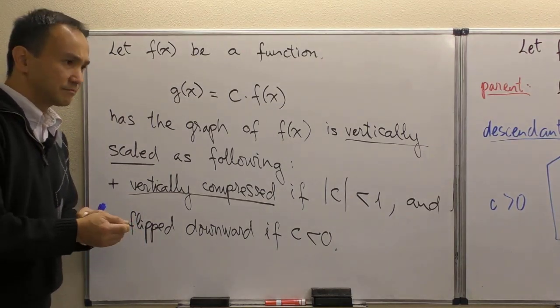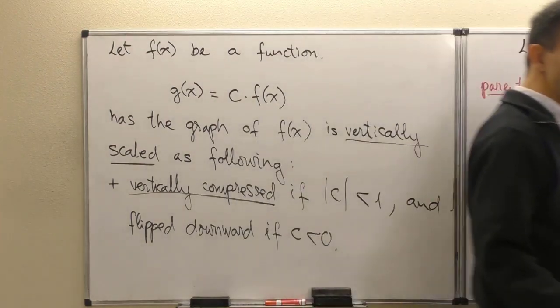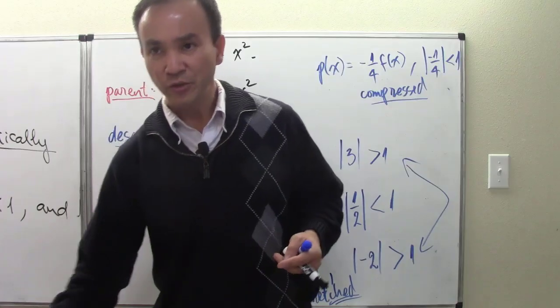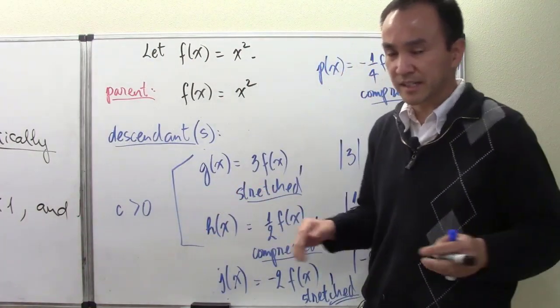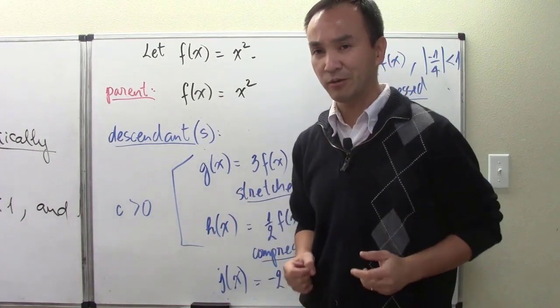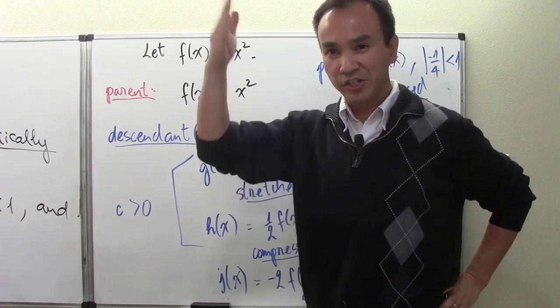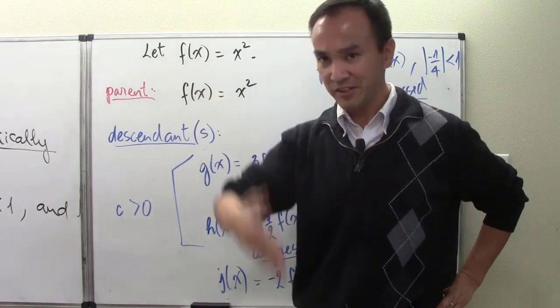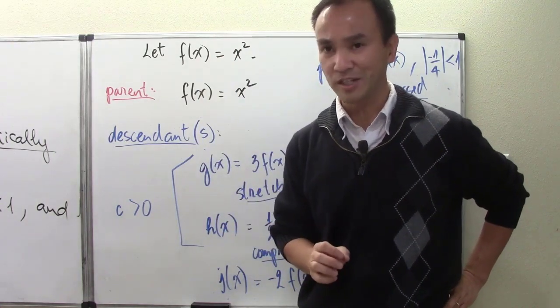Okay, but when it gets to actually doing it, it's not always easy, because like I said just like when I was explaining the vertical shift, shifting up and shifting down, it was not so easy.